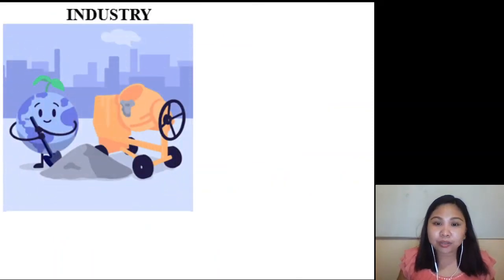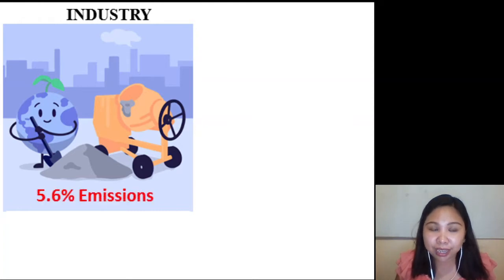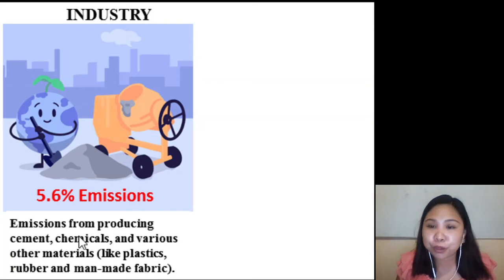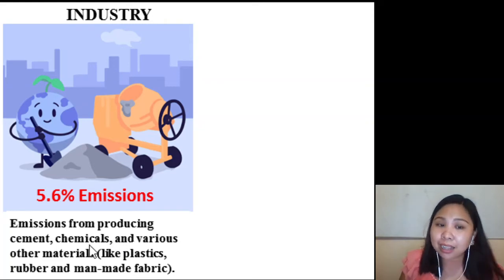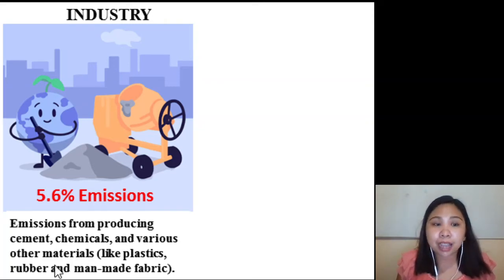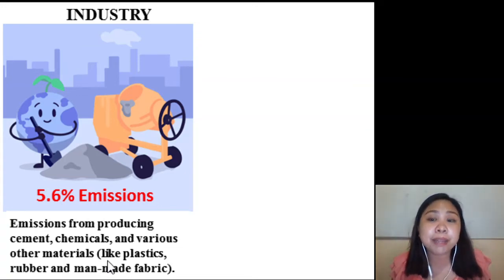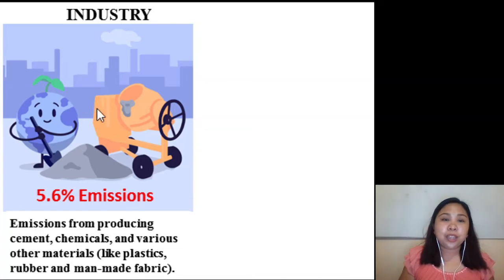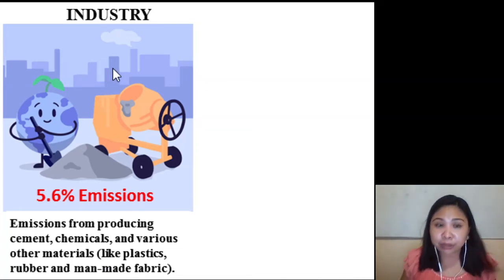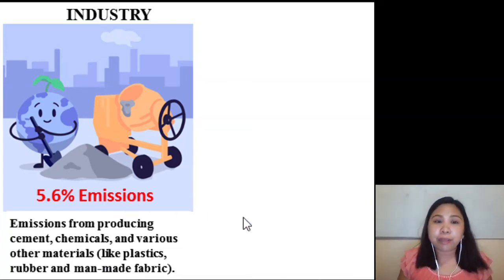Another source of greenhouse gases is the industry, which accounts for 5.6% of emissions. These are emissions from producing cements, chemicals, and various other materials like plastics, rubber, and man-made fabric. So, in the industry, the factories are contributing 5.6% of emissions.